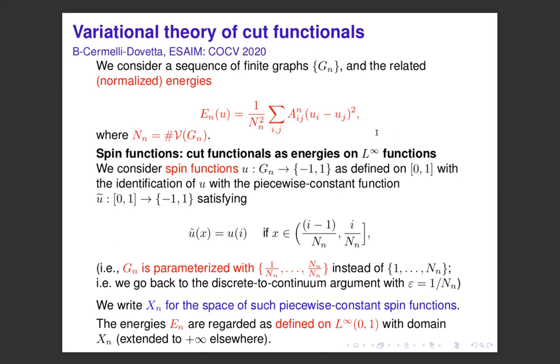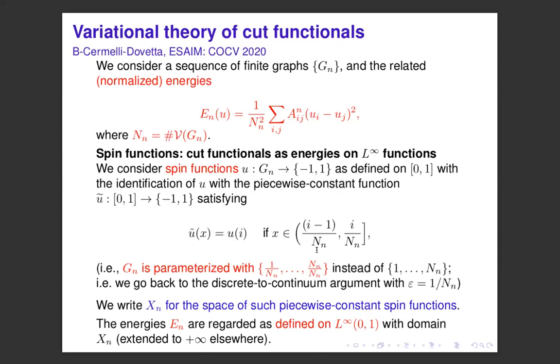So in this case, we have spin functions defined on, say, 1 over n times Z, and interpolated piecewise constant, and we look at the convergence of this energy with respect to the L-infinity weak star convergence of spin functions.